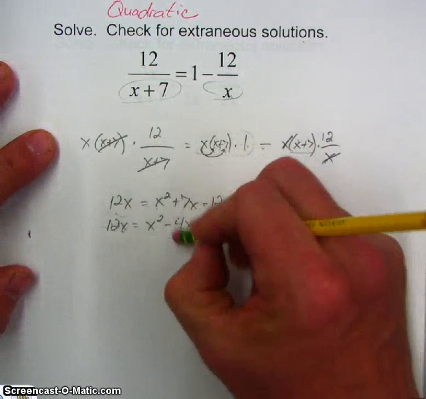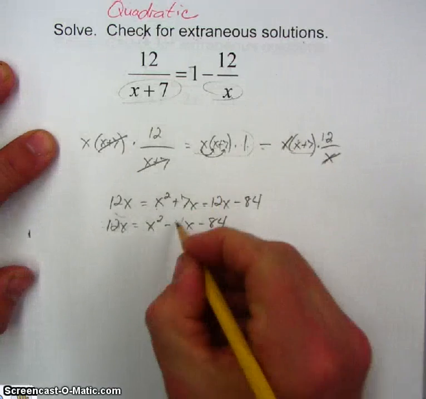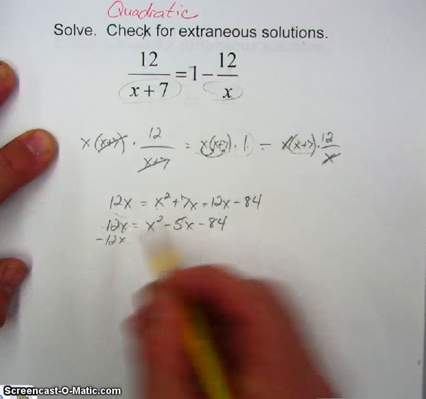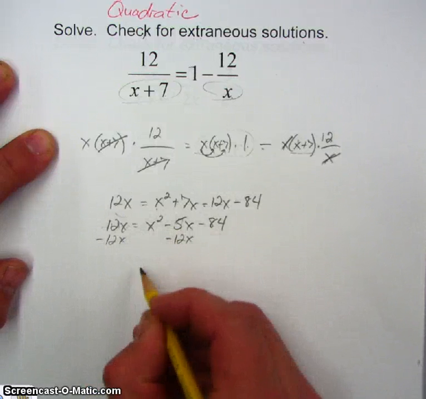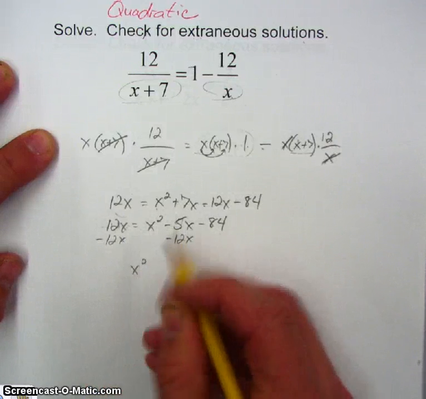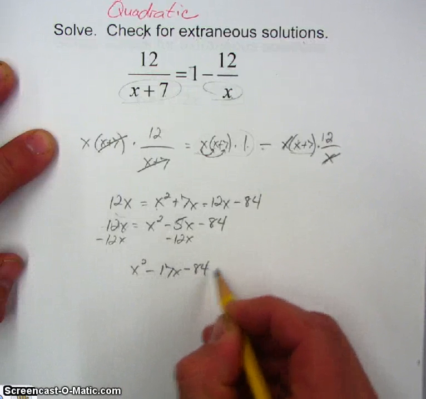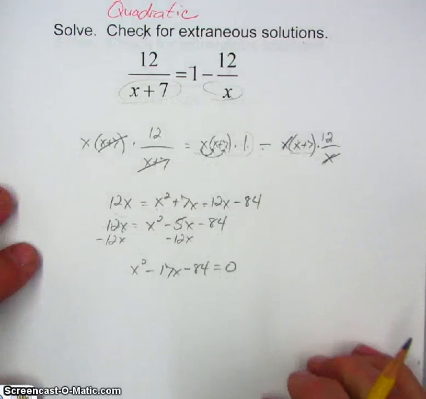Now I'll subtract the 12x from both sides. So that gives me x squared minus 17x minus 84, and that's now equal to 0.